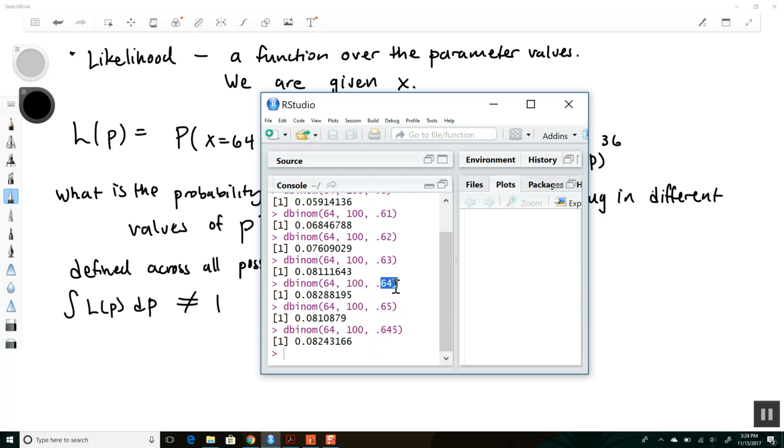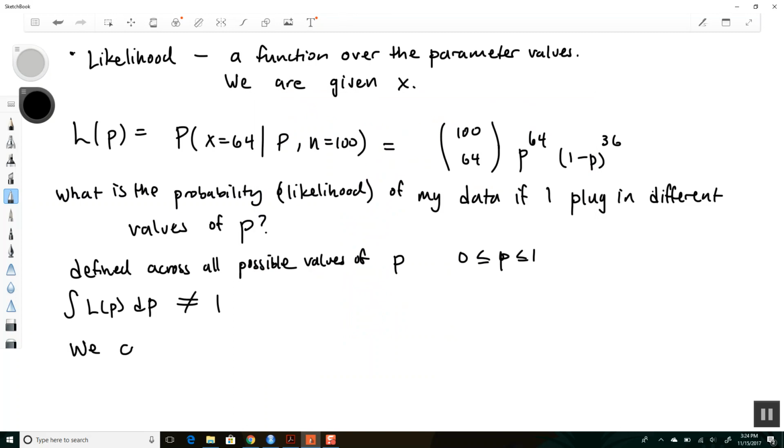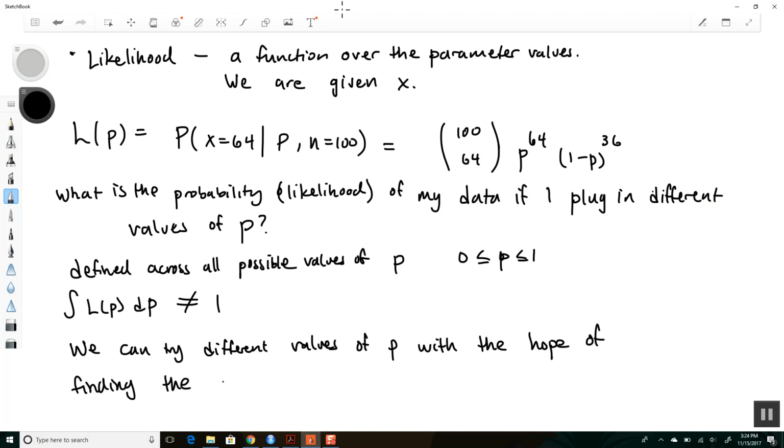But this is kind of like a guess and check method. So we can try different values of p, with the hope of finding the p that maximizes the likelihood of our data.